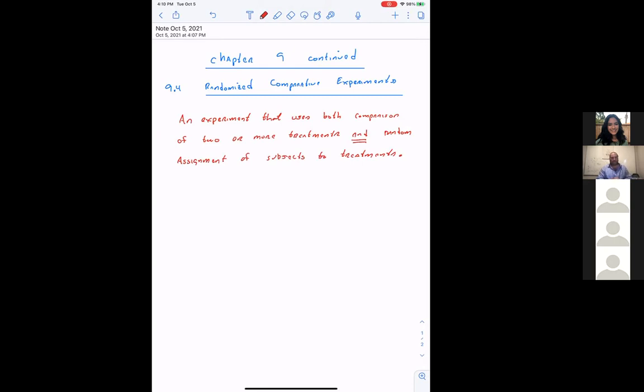Okay, so an experiment that uses both comparison of two or more treatments and random assignment of subjects to treatments.